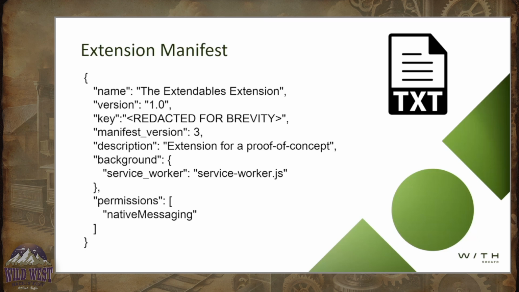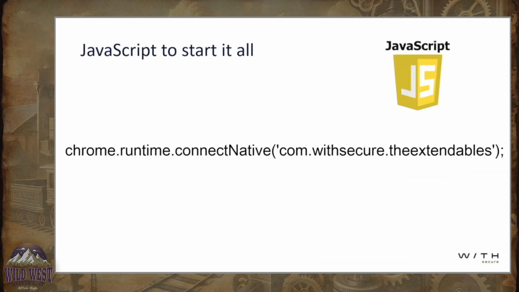Native messaging is required to be explicitly defined as a permission for us to be able to leverage that functionality. If it is not there and we try to call the functionality, it just isn't going to work, right? And if you remember, I said about the integrity check and key. Because that's there, we can't just add it in after the fact. It has to be part of the extension when it's installed.